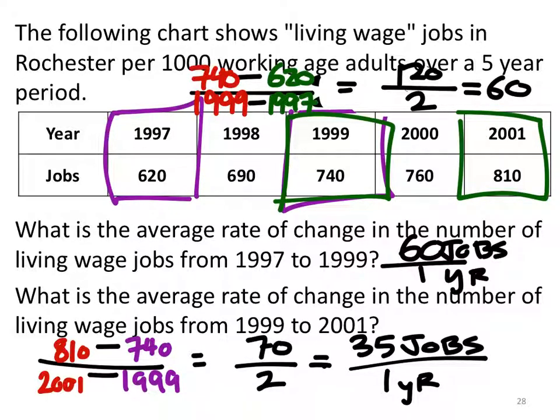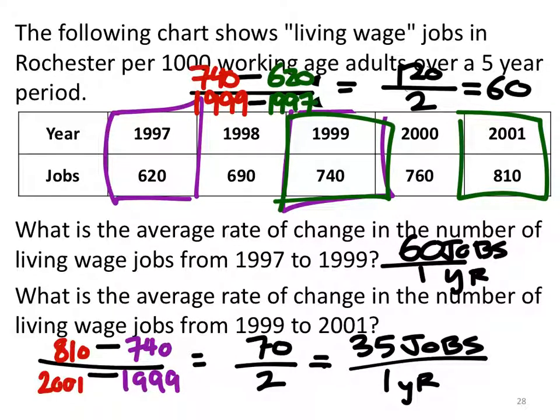Now, these two are very different, and that's because, especially when we look at statistical data like this, it's never really consistent. It just depends on how you want to compare it, and what the purpose is for the data.